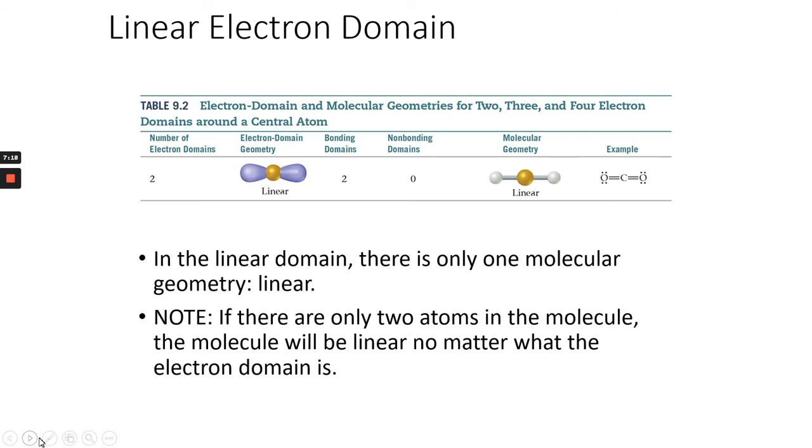So a molecule with 2 domains is always linear. Okay? And notice here you have 2 domains and there are no lone pairs. So you could have 2 types of linear, this one right here, or if you just have 2 atoms bonded together, that is also linear.